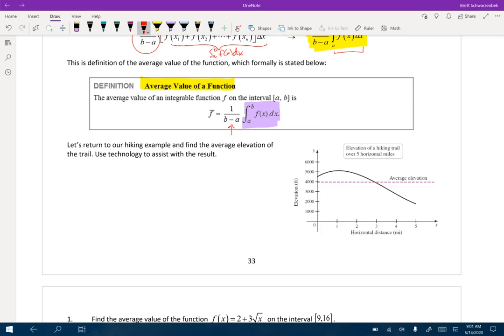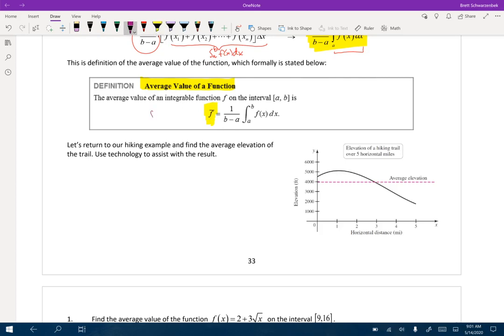And you get a and b here. It's super simple. It's just putting a constant on your definite integral, and that's it. So when we go through this, that's basically all we're going to do. Now, what I didn't mention so far is that the variable we use for the average value of the function is f bar.